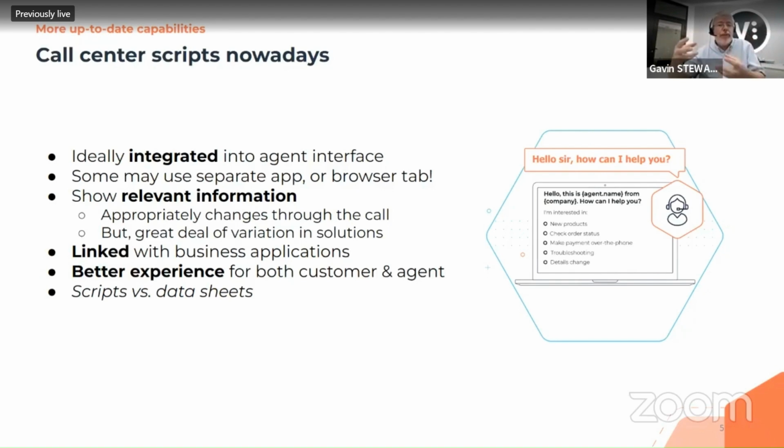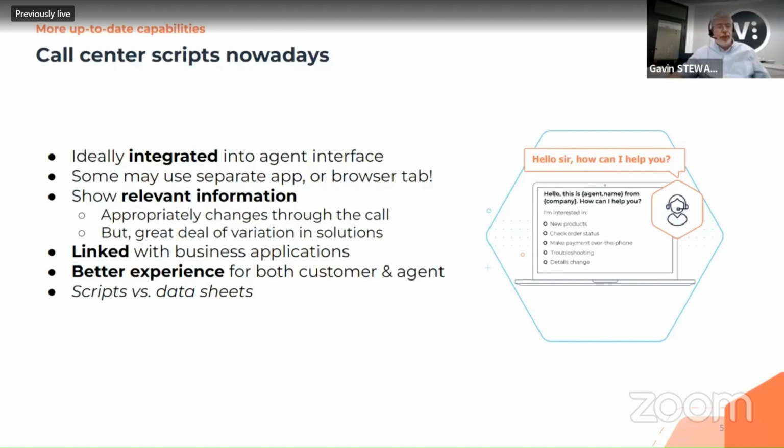So somehow they gathered some information and we want to push that into a CRM system or some other business application. That is hugely beneficial. And Elimir will talk about some of this later on. And the goal here is to create both a better experience for the customer and the agent. So both parties here should have a better experience if we do this right.